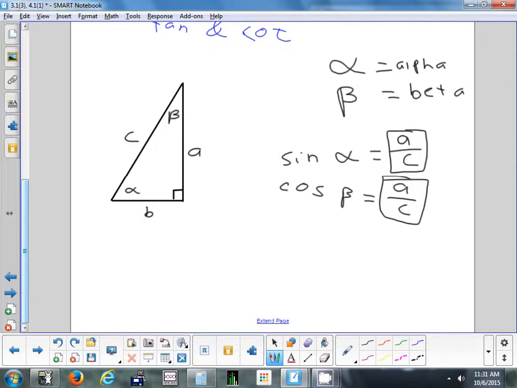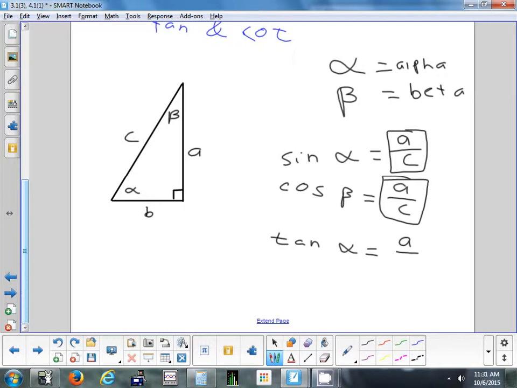Let's try one more. Let's do tangent of alpha. Tangent is opposite over adjacent. Analia, what side is opposite alpha? A. And what side is adjacent to alpha?